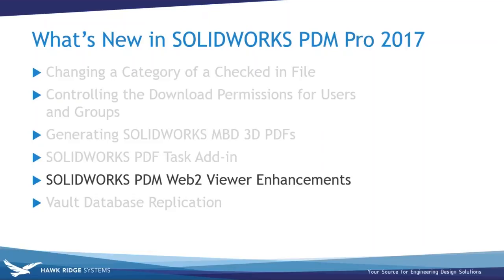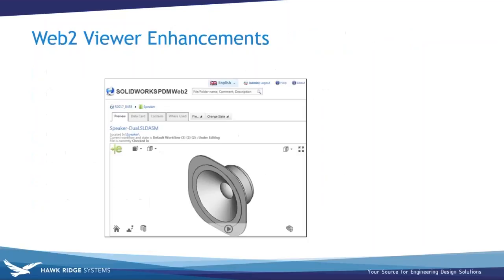Web 2 viewer enhancements. This is once again related to the web preview within the Web 2 viewer. When you access a file and you look at it, it streams via HTML5, so it's actually opening any drawings on the back end. It's not opening in the web browser itself, which means that you don't have to have all of your users using Internet Explorer and have an eDrawings ActiveX plugin installed, which makes it a lot easier.